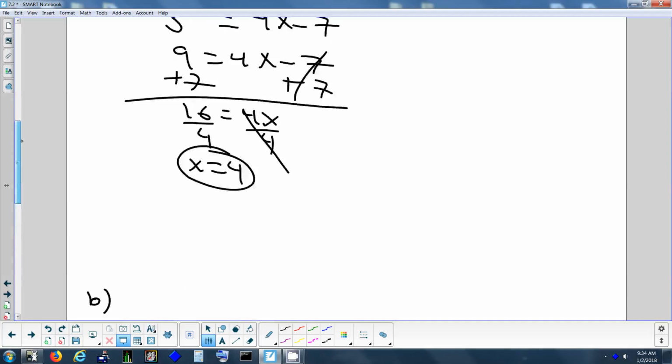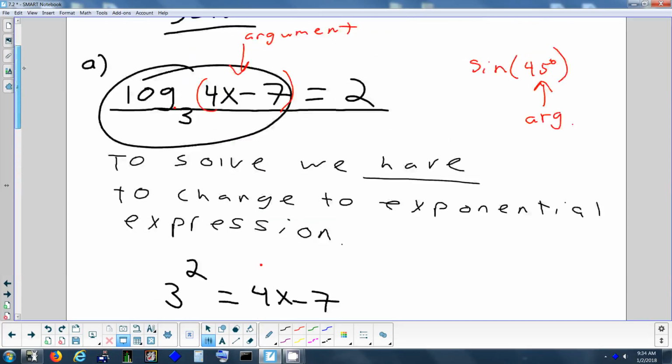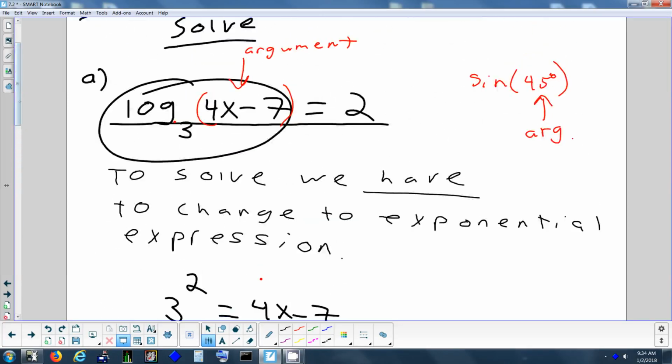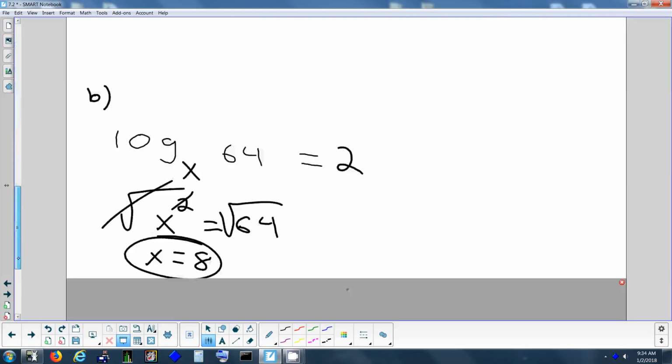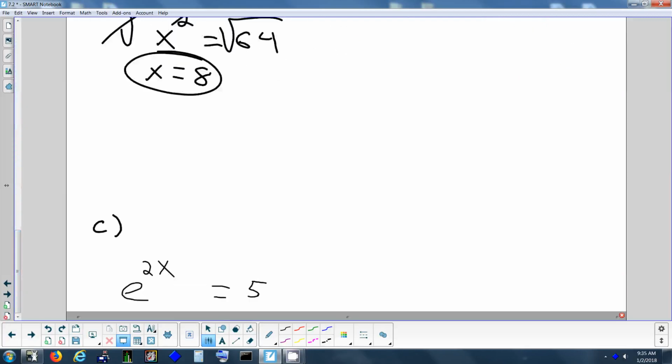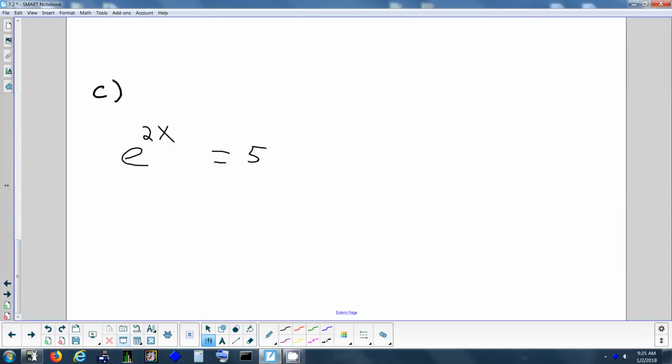Okay, so we looked at one where the variable was in the argument. We just did one where the variable was in the base. And now let's look at one that has a variable up in the exponent. First, I just want to look at that.